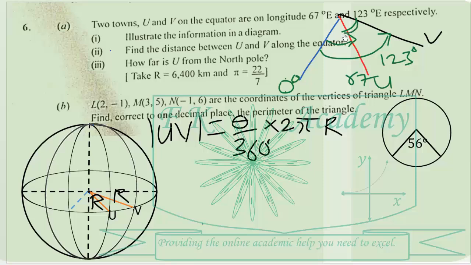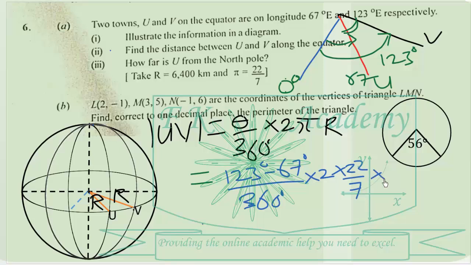We subtract 67 from 123. So that will give us 123 degrees minus 67 degrees over 360 degrees times 2 times 22 over 7 times r, which is 6,400 kilometers.